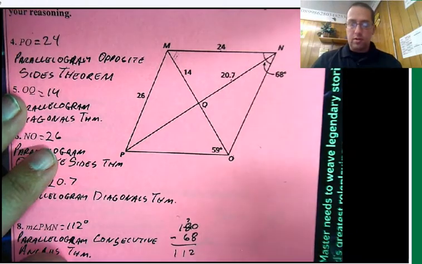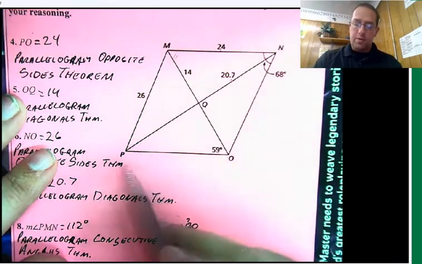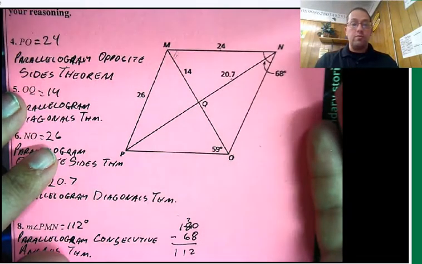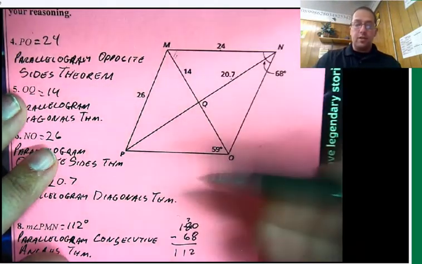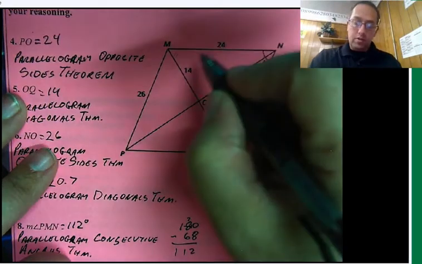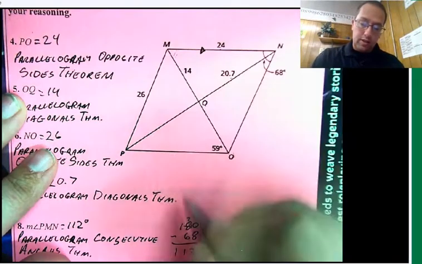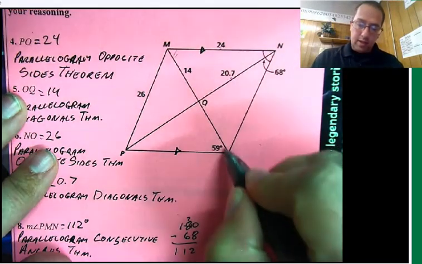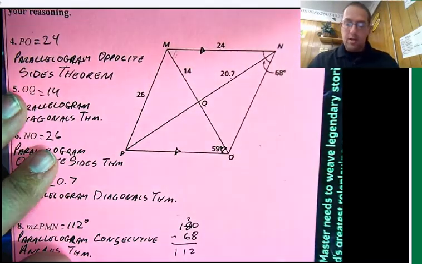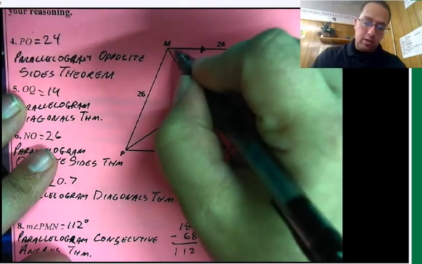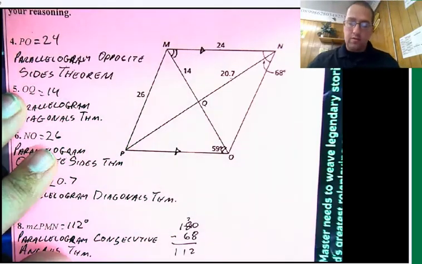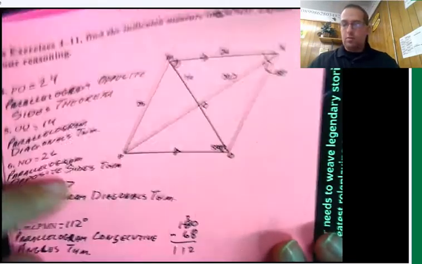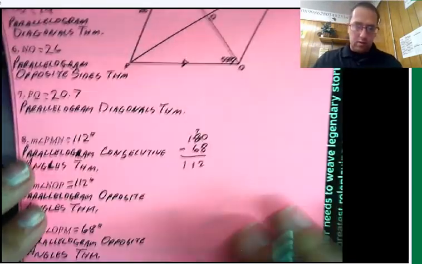Are they parallel to each other? Is MN parallel to PO? Yeah, it's a parallelogram, right? That means opposite sides are parallel to each other. So since this is going to be parallel to that, that means that angle POM is congruent to angle NMO, alternate interior angles theorem.